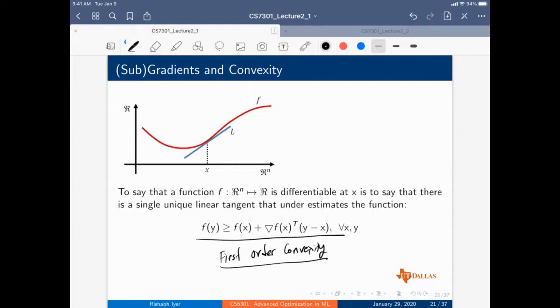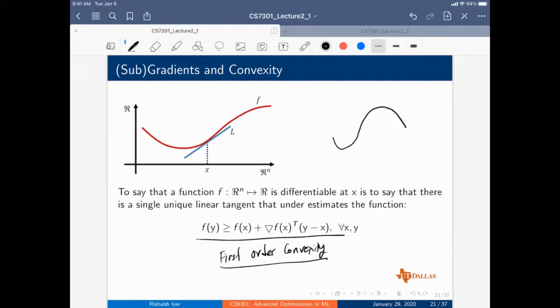There was a question about the intuition. Sorry, I think I missed this question. But the intuition basically is exactly this, and also as Professor mentioned, you have a linear lower bound for f everywhere. And for a convex function, we need to have this linear lower bound everywhere.